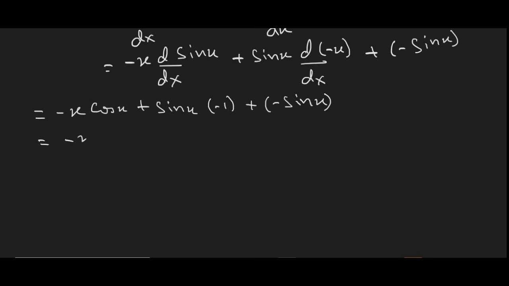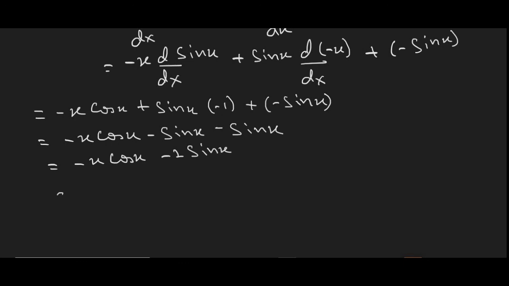So minus x cos x minus sin x minus sin x: minus x cos x minus 2 sin x. So our second derivative d2y by dx square is equal to minus x cos x minus 2 sin x, which is our second derivative.